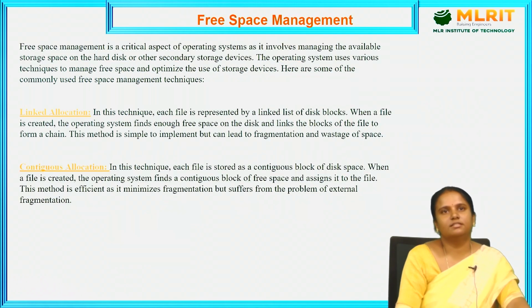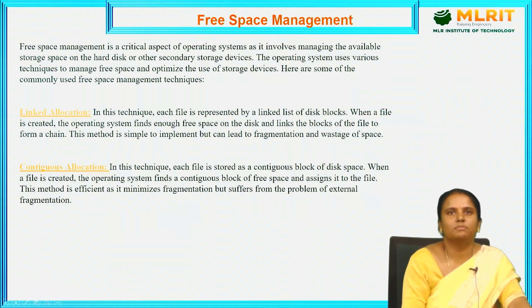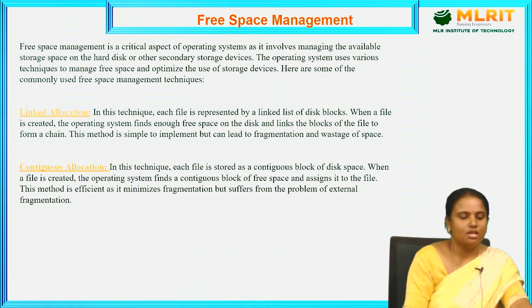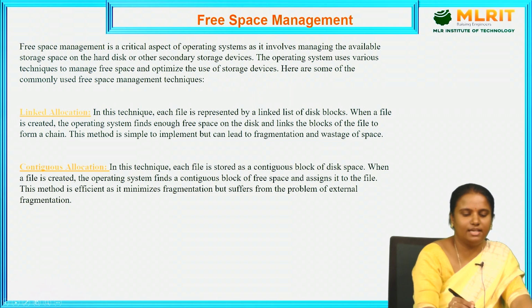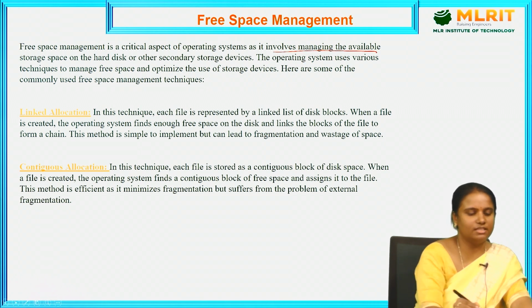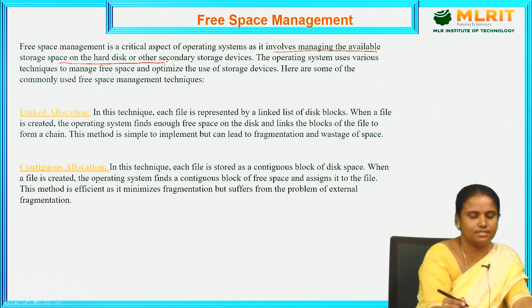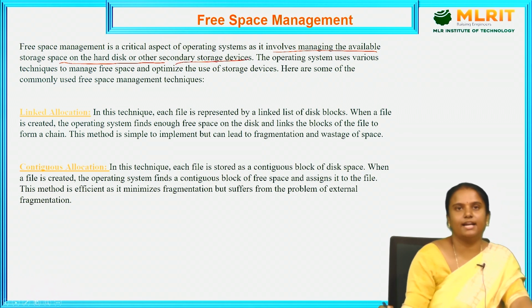So how can free space management be done in the file system? How are we going to free the space in the file systems? Free space management is a critical aspect of the operating system, as it involves managing the available storage space on the disk or other secondary storage devices.